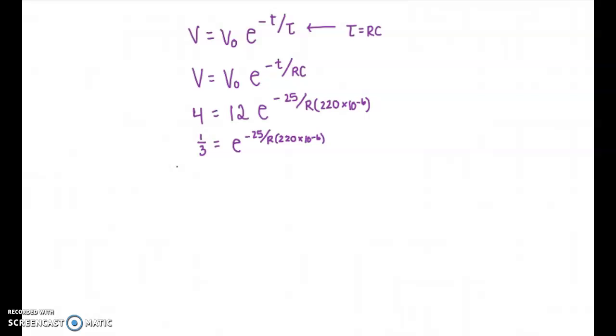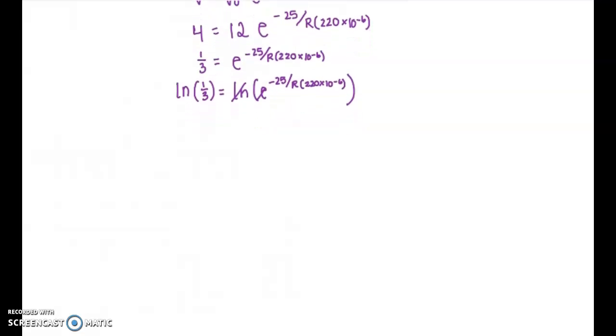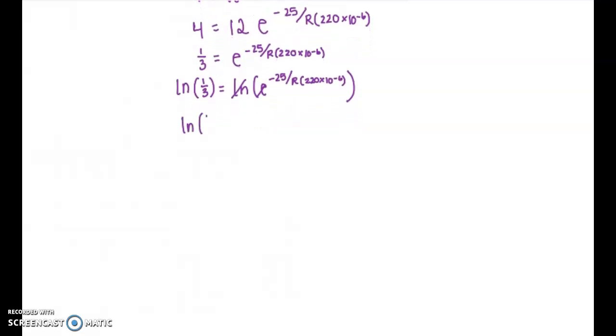So the way that I'm going to handle that, to undo the e, I'm going to take the natural log on each side. And when you take the natural log of e, it will cancel out. This then becomes the natural log of 1/3 is equal to negative 25 over R times 220 times 10 to the negative 6th.